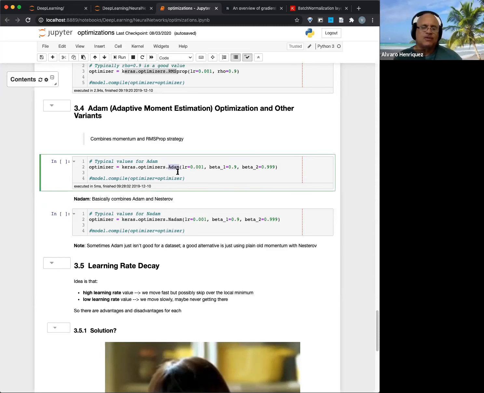Isn't part of it just that when Adam was developed, it was developed with regular momentum, so it's just the vanilla flavor, and later on Nesterov was added as an option, and most people were used to using Adam with regular momentum? Yeah, I think that is, and part of it is that Adam already does pretty well to begin with.